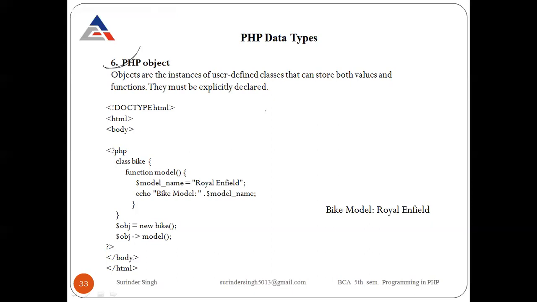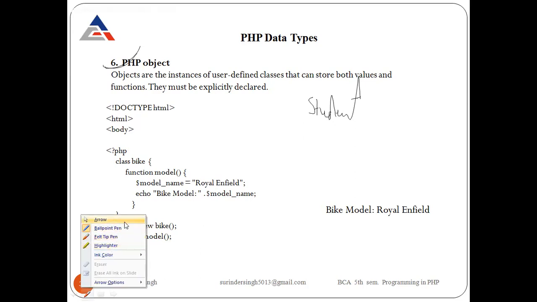For example, there is a student class. Like you are students, and all of you have some common properties and some different properties.